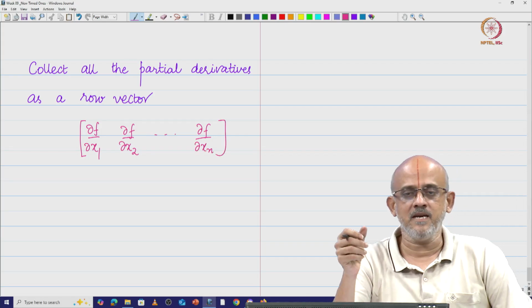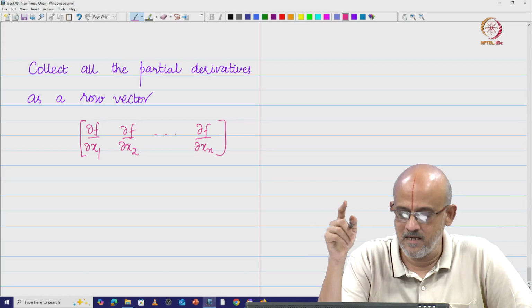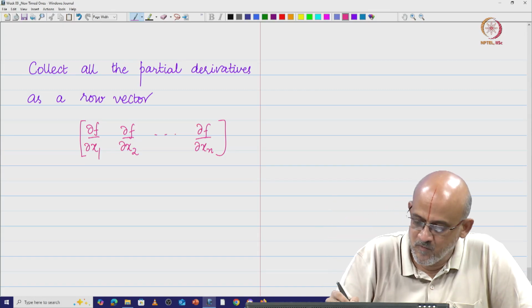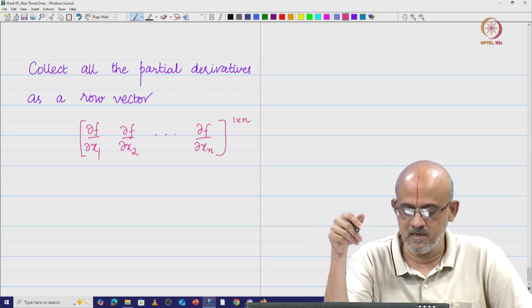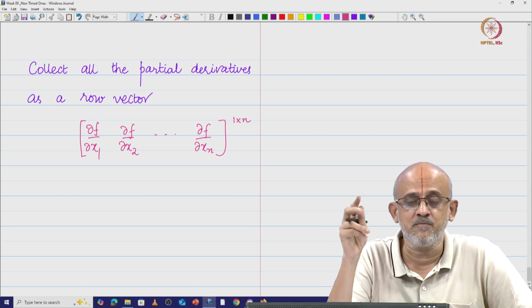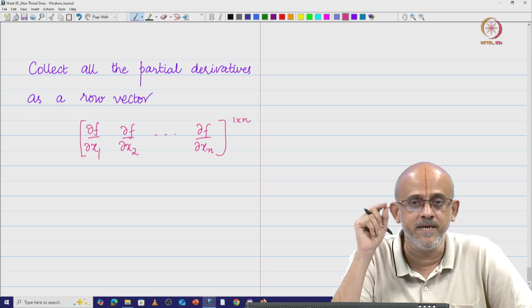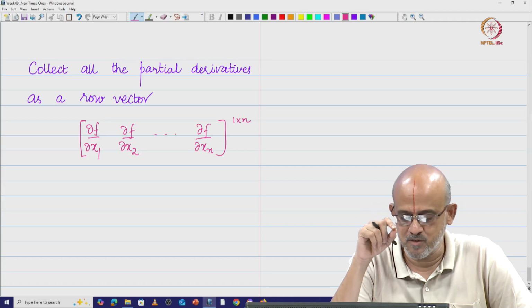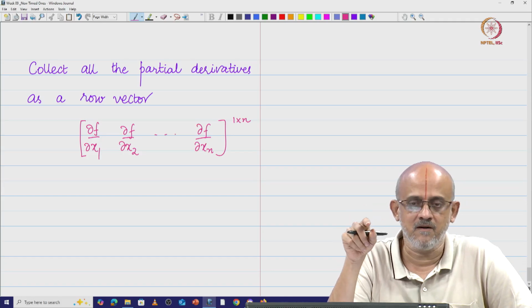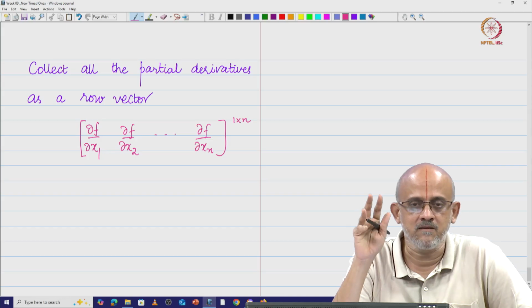So, it is just going to create a 1 by n matrix. This is going to be a single row of n components where each component corresponds to the partial derivative of the function with respect to that particular variable. Each column corresponds to the partial derivative of the function with respect to that particular column's variable.